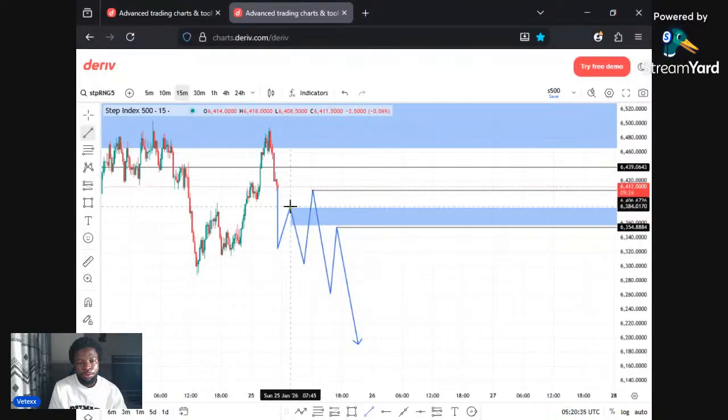So it's as simple. Start your analysis from the higher time frame, get your direction bias clear, come to the lower time frame and look for entries on the lower time frame.